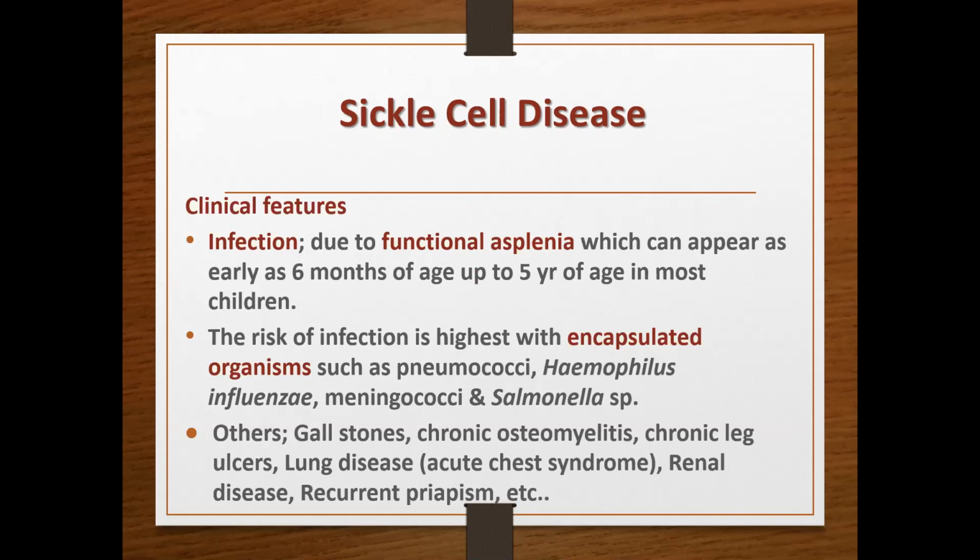The risk of infection is highest with encapsulated organisms like pneumococcus, Haemophilus influenzae, meningococci, and Salmonella species. These organisms need the spleen for their destruction.